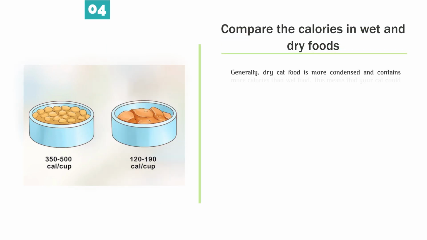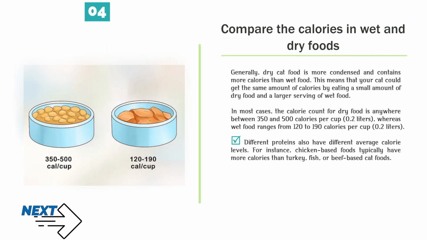Number 4. Compare the calories in wet and dry foods. Generally, dry cat food is more condensed and contains more calories than wet food. This means that your cat could get the same amount of calories by eating a small amount of dry food and a larger serving of wet food.